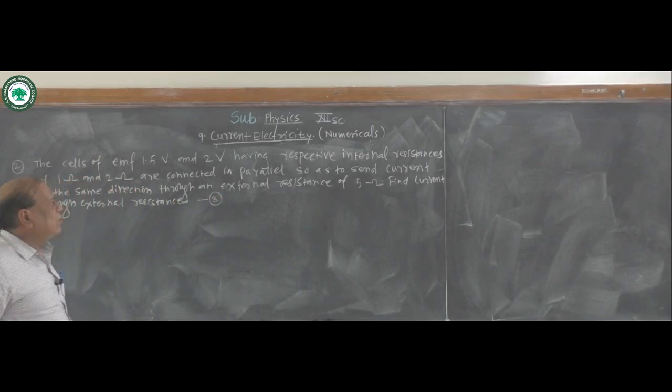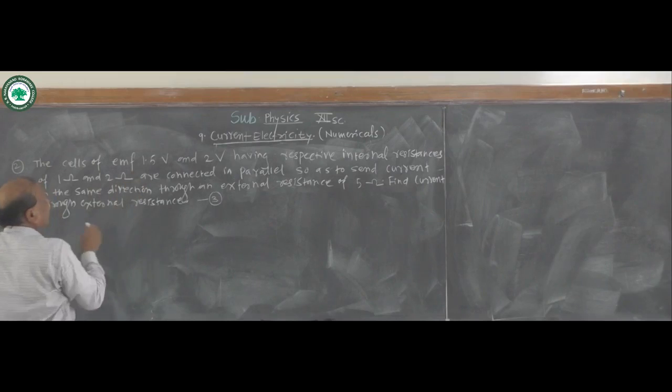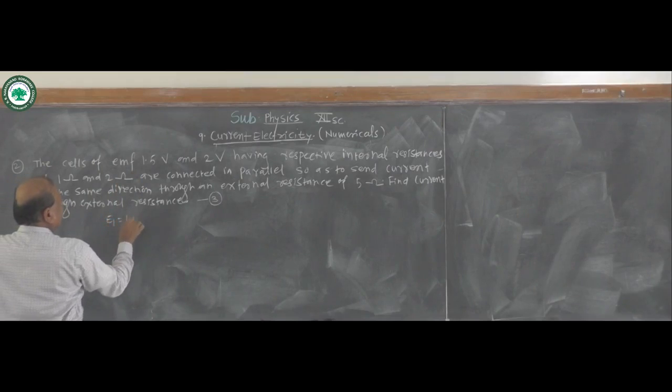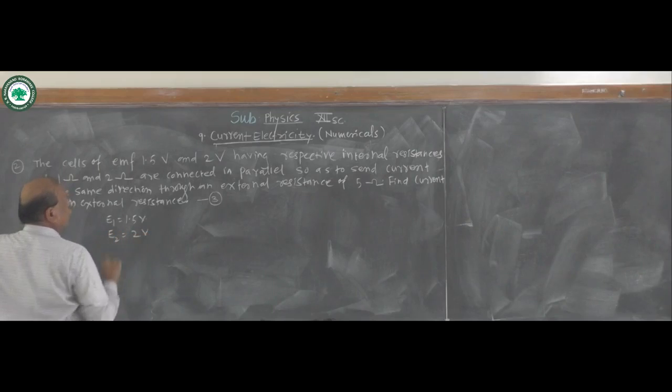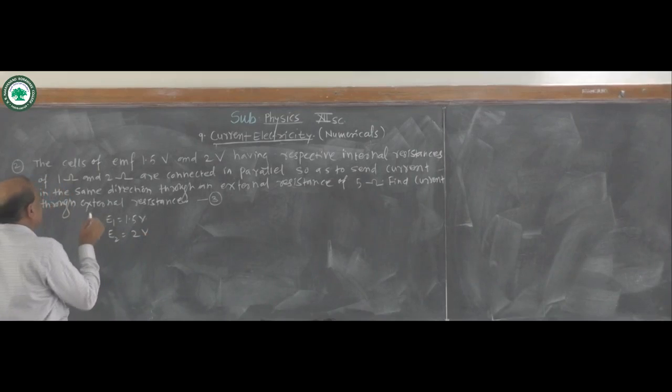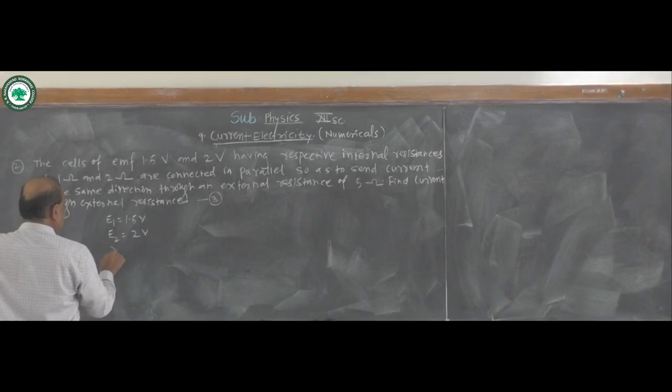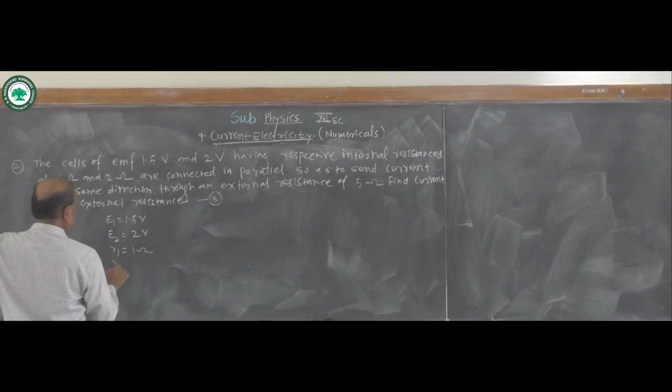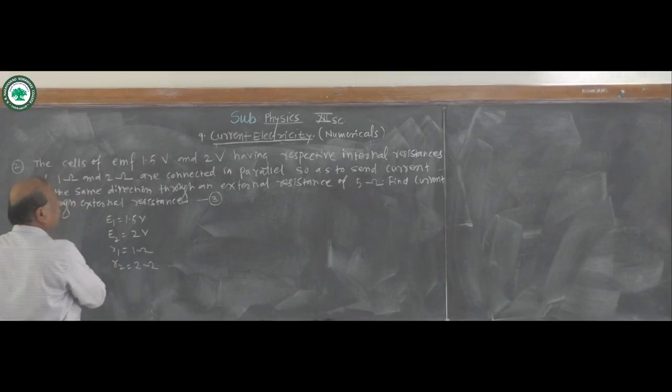First, write down the given things here. The cell of EMF E1 is 1.5 volt. Another cell E2 is 2 volt. Their internal resistances R1 is 1 ohm and R2 is 2 ohm.